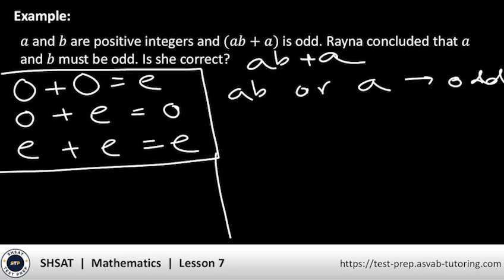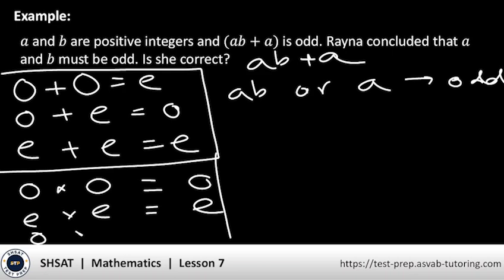Again, if we go for multiplication, odd times odd gives me an odd number. Even times even gives me an even number. Odd times even gives me an even number, okay? So now that we know that, since an even number and an odd number gives me an even number, if we say that a is odd and b is odd, let's say a is odd, yeah?